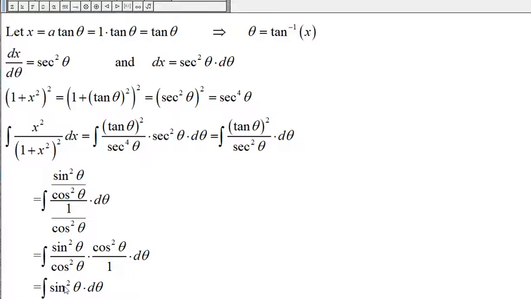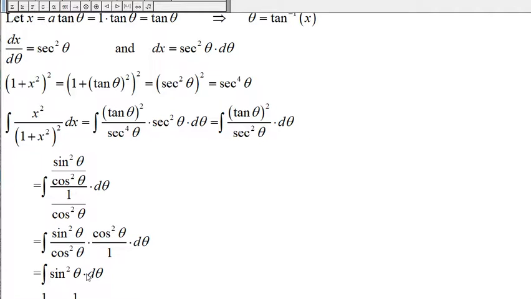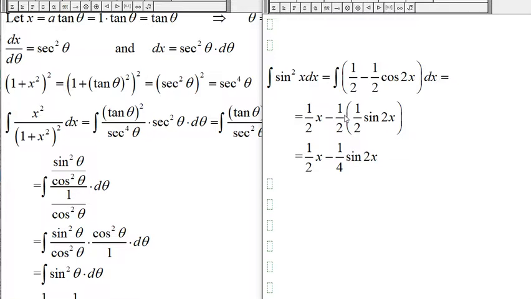So now we need to find the integral of sine squared. Recall that from trigonometry identities, sine squared is 1/2 minus 1/2 cosine of 2x. Antiderivative of the constant 1/2 is 1/2 x.